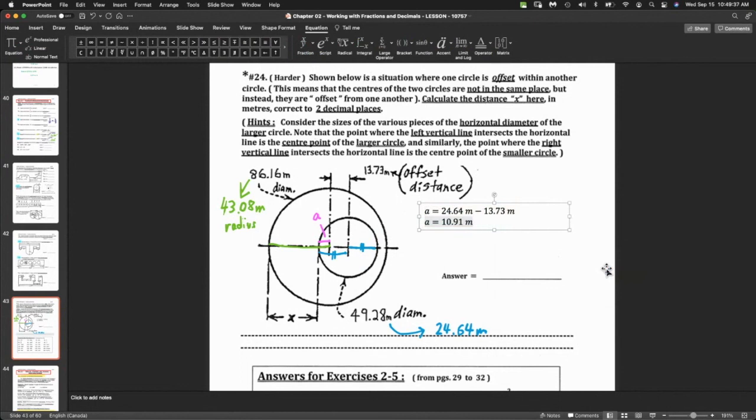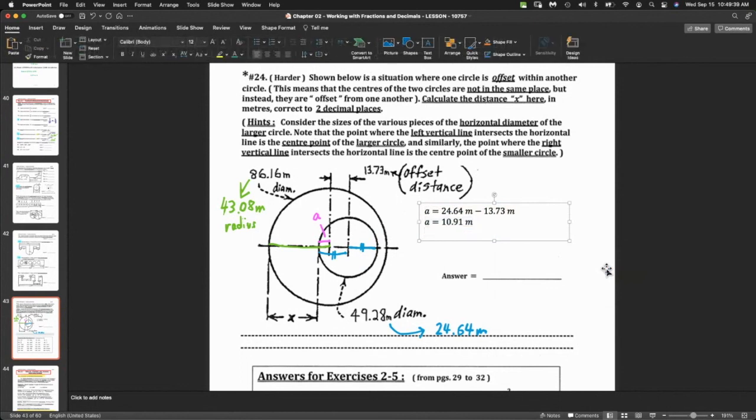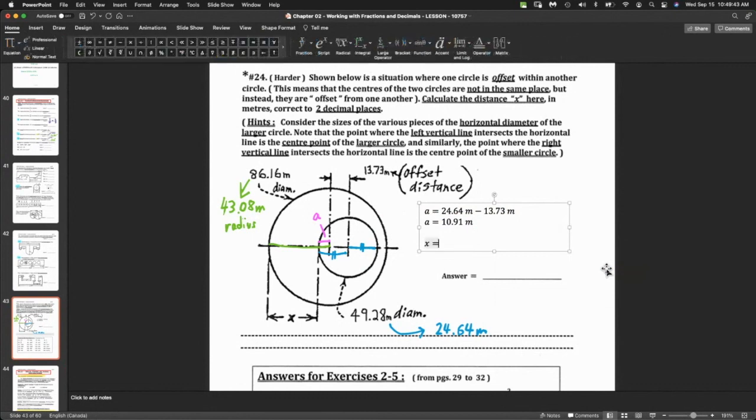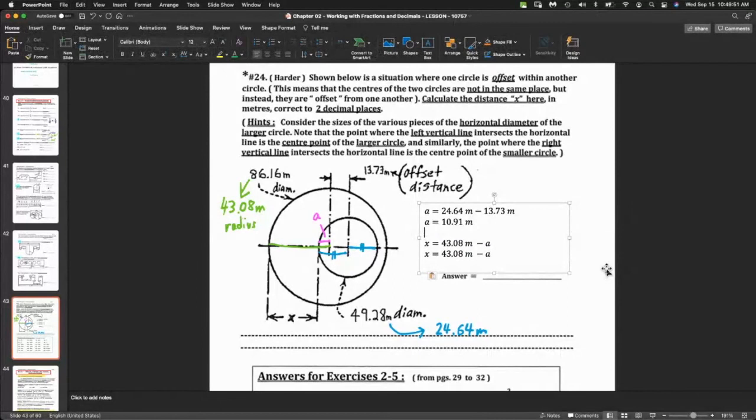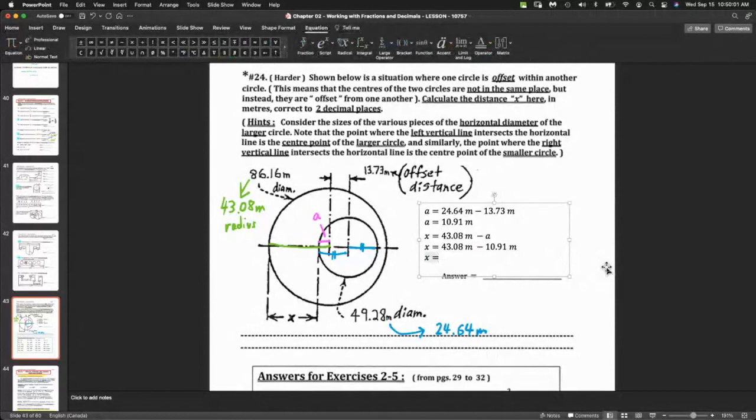If you want x, x is going to be the big radius minus A, which is going to be 32.17.